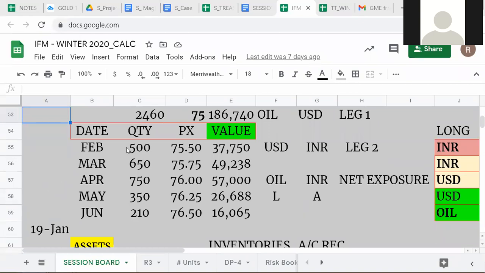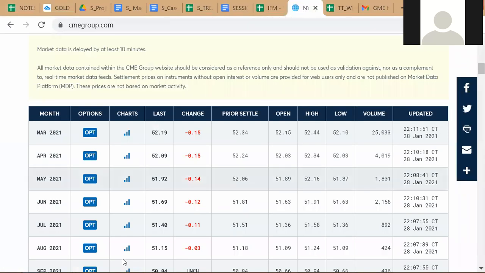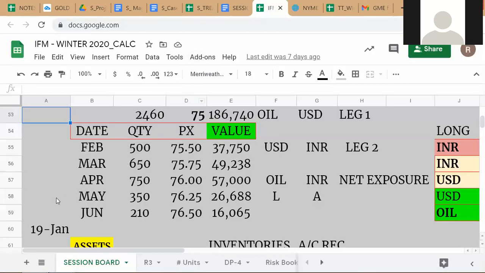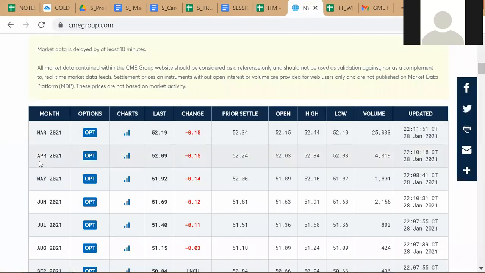So essentially, you have seen the distribution of futures prices for crude oil, right? It is basically something like this. So you would see your exposures. Feb, I have to buy this much, March, April, etc. And then you would look at the futures curve.